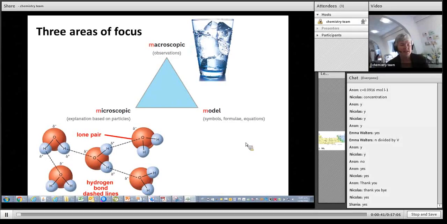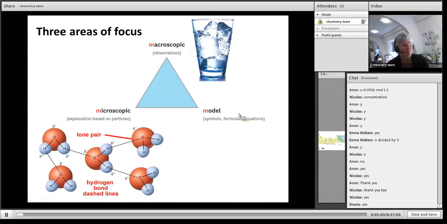Remember we have the macroscopic, the microscopic, well, by that I mean the submicroscopic. We can't see it, so we're just trying to explain what we can see. So that's the fact. This is the theory down here, and then we have the model, which could be equations, formulae, diagrams, and so on.